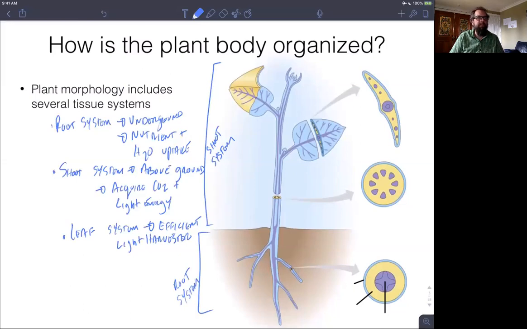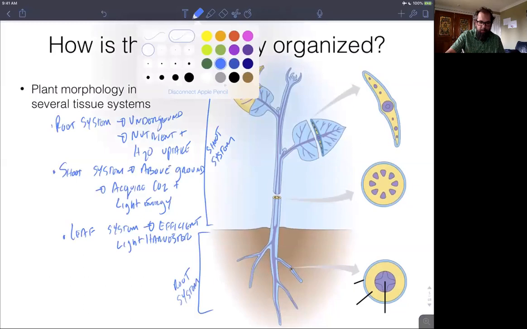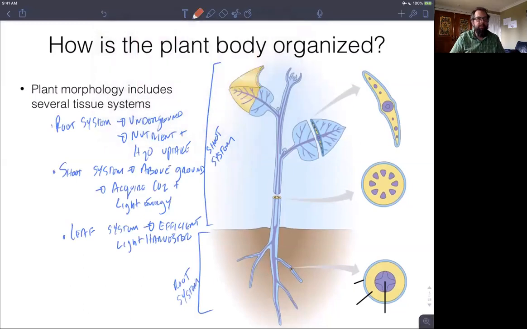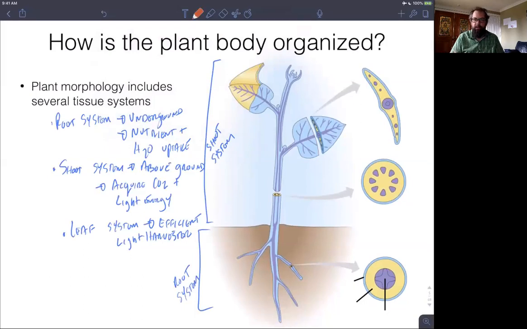Okay, within each of these systems, the root system, the shoot system, and the leaf system, we've got three tissue types that make up these different systems in the plant, and those three are shown in colors on this figure here. In light blue, around the outside of the plant, is the dermal tissue system.